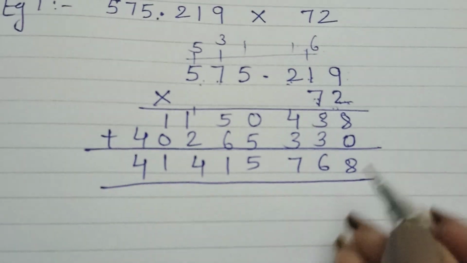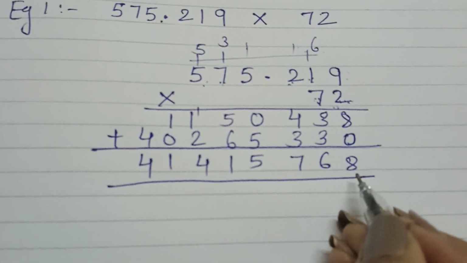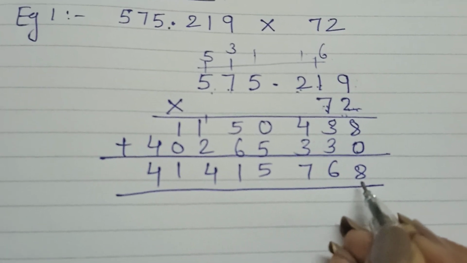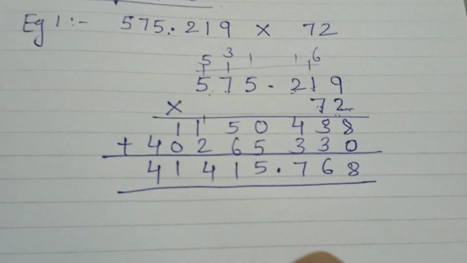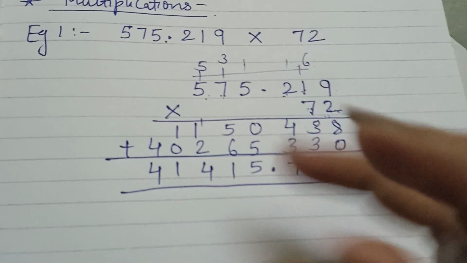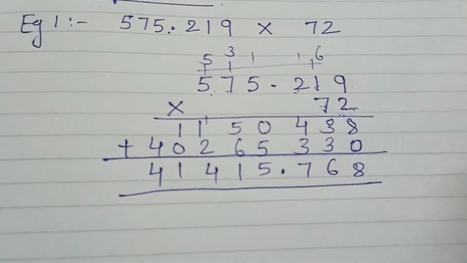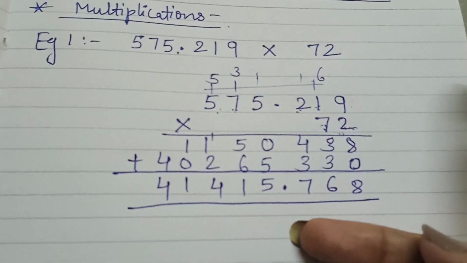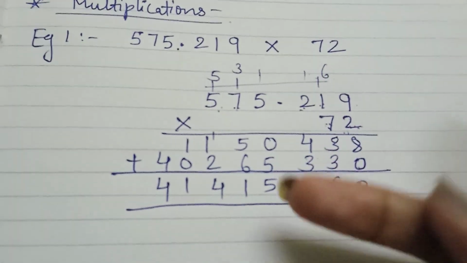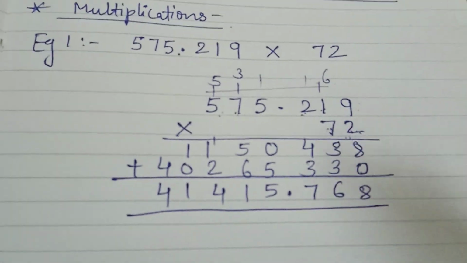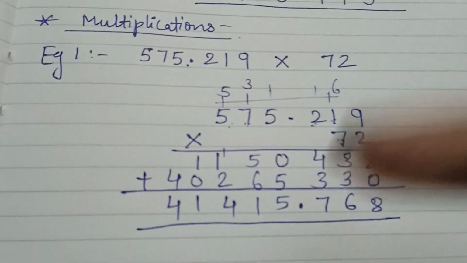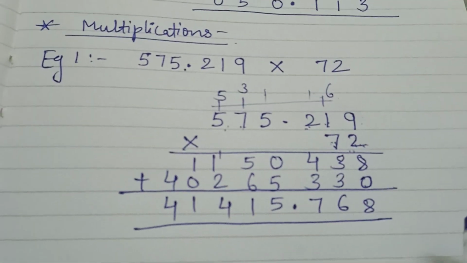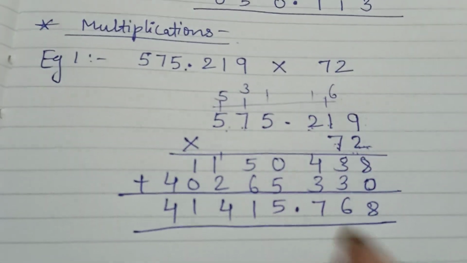So from the right hand side of the final answer, we will count 3. 1, 2, 3, and we give a decimal point. Okay, now you will say that it is coming in the same line. So you have to use this trick, because if the multiplier is also a decimal number, then you might mess it up by giving the decimal in the same line.